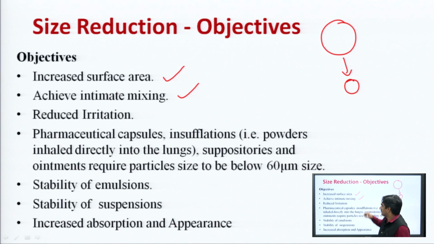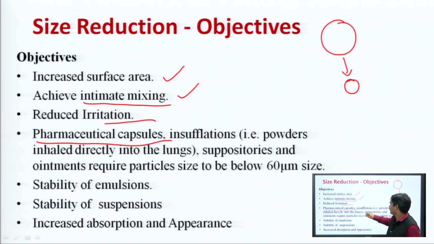Achieve intimate mixing. Since while mixing of powders, if the particle size is uniform and small, then proper mixing can be done with the help of this. So, size reduction also plays an important role in intimate mixing of particles. Reduced irritation can also be achieved with the help of size reduction.